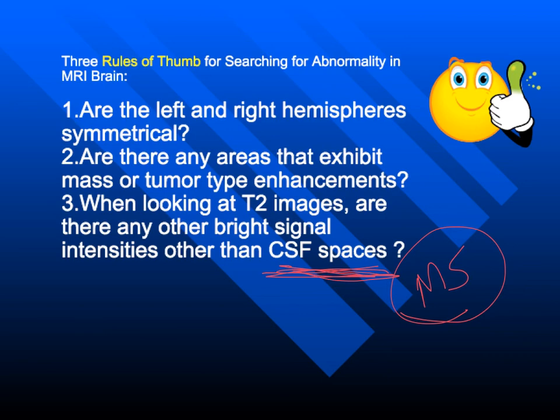I know that it says abnormality in MR brain, but really you can tell the symmetry happens in CT as well. The tumor type enhancement also happens in CT. Only the third one really is specific to MR. So I can ask you, what are the 3 rules of thumb for searching abnormality in brain scanning? You should be able to tell me all 3 of them.